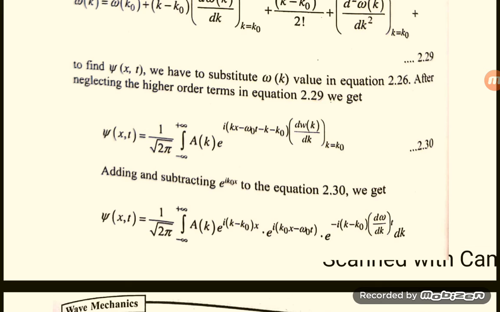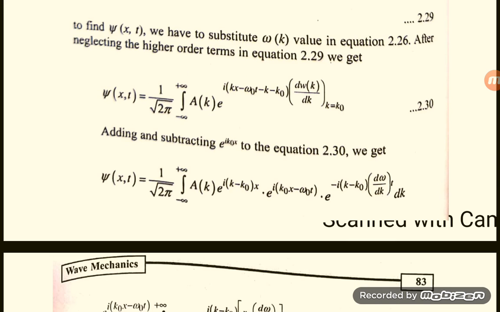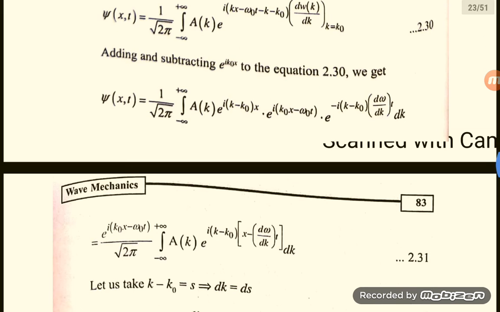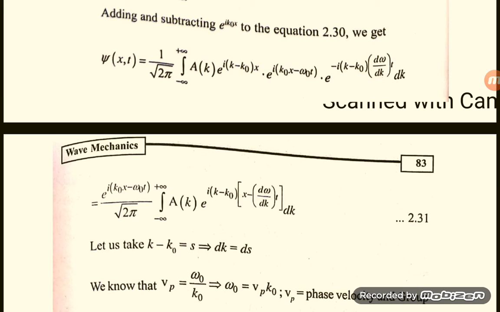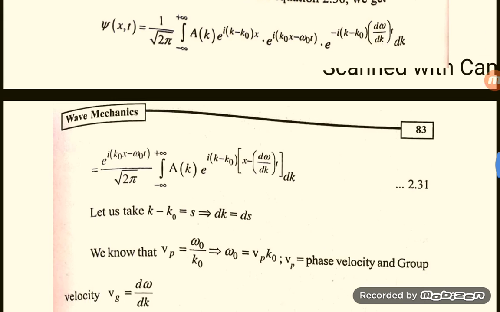Adding and subtracting e power i k naught x, we get psi of x,t equals 1 by root 2 pi integral A(k) e power i(k minus k naught)x e power i(k naught x minus omega naught t) e power minus i(k minus k naught) d omega by dk t dk, which equals e power i(k naught x minus omega naught t) by root 2 pi integral A(k) e power i(k minus k naught)(x minus d omega by dk t) dk.